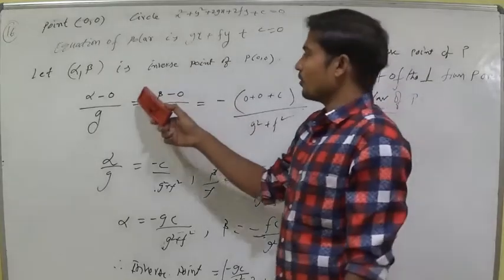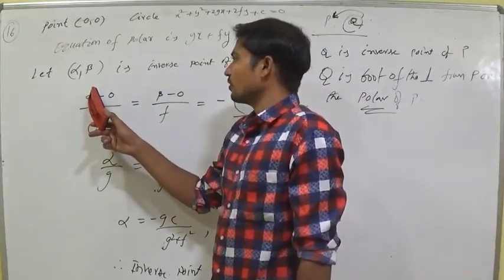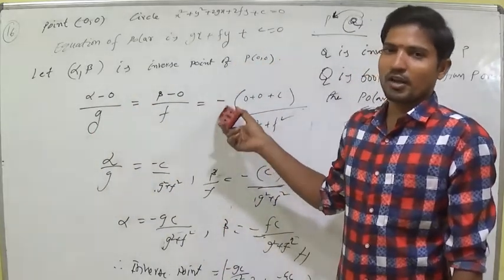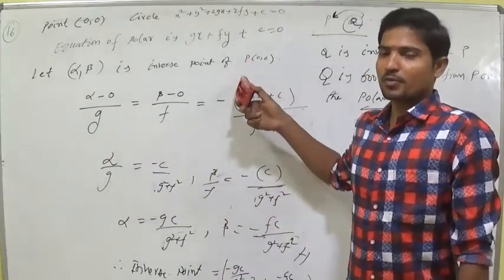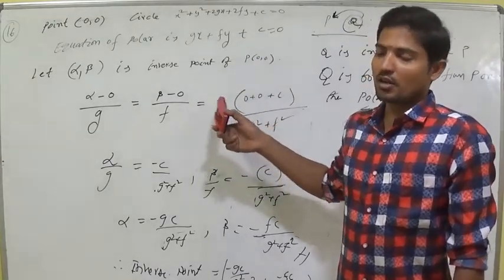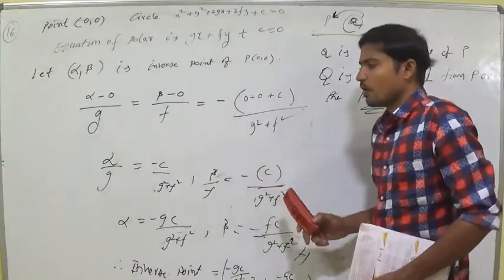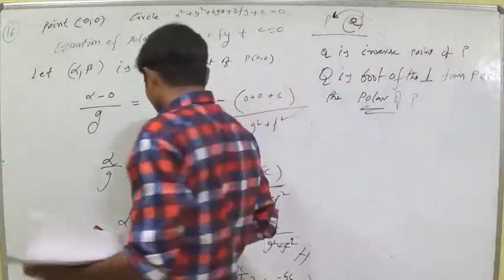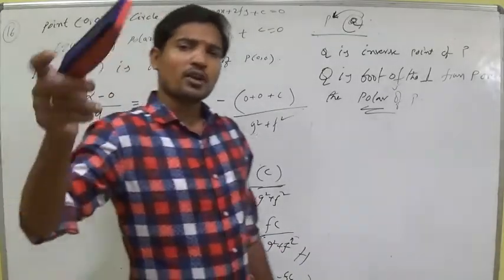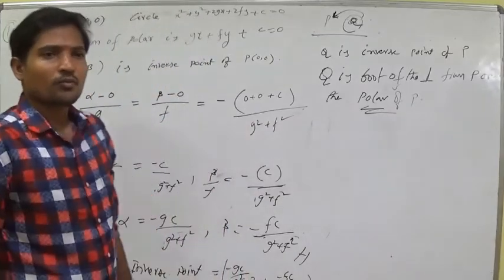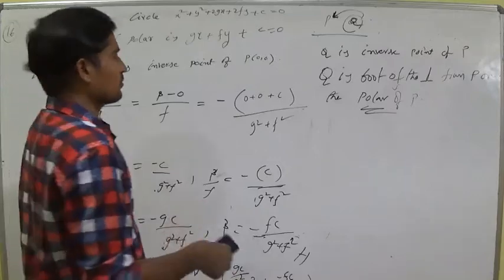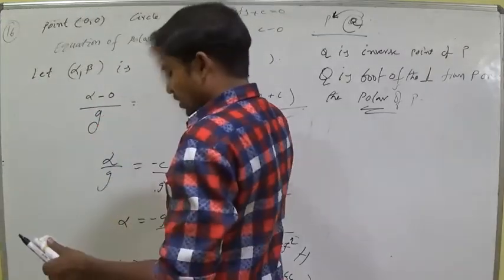Then the foot form of the line is alpha minus 0 by g and beta minus 0 by f is equal to minus of (ax1 plus by1 plus c) by square root of a square plus b square, right? That formula is used. So finally I got alpha and beta. Alpha, beta is the required point, that is the inverse point of the origin. Next, 17.